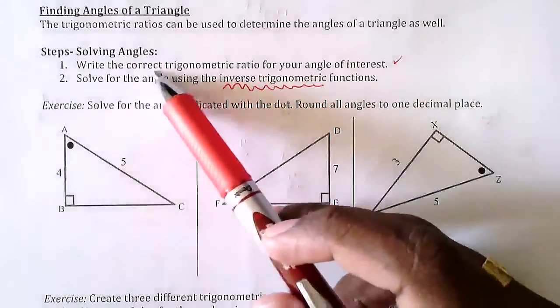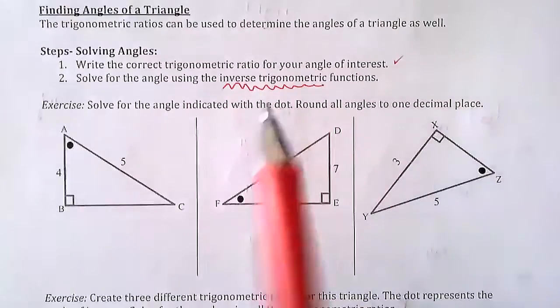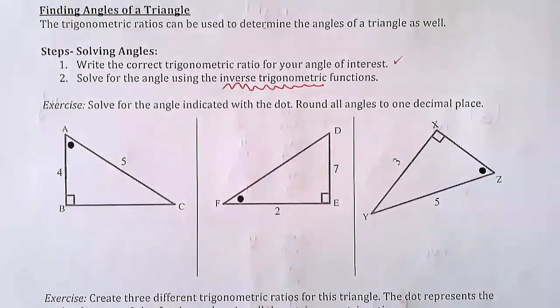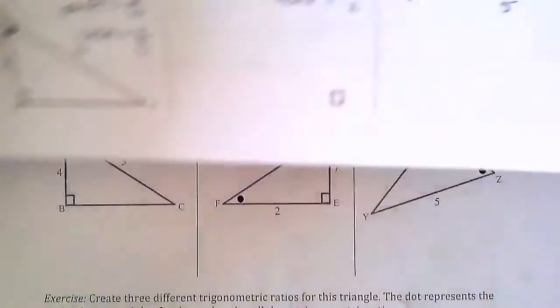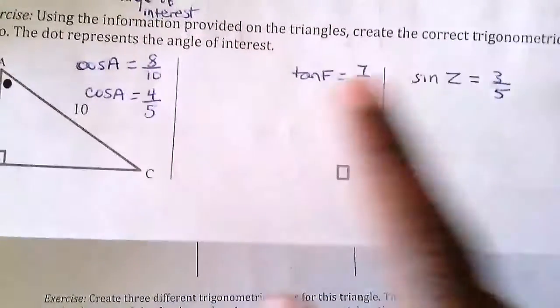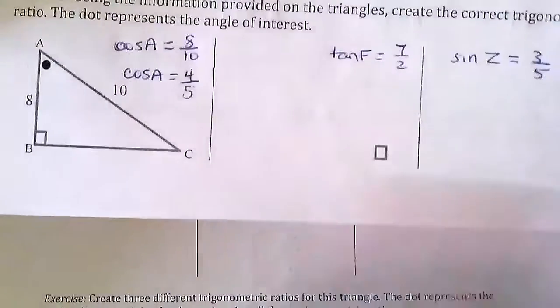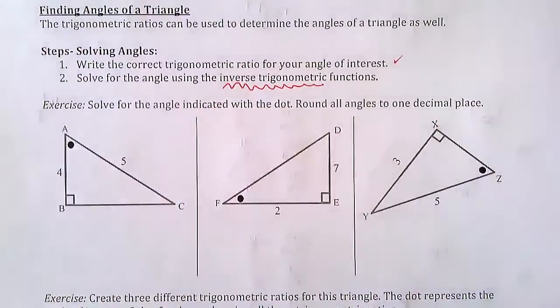So the first step is to write the correct trigonometric ratio for our angle of interest. We have loads of practice with this, and in fact, these are the same questions that we saw on the previous page. So if we take a look at the first page here, we've already solved, okay, I know my triangles are missing here, but these are the same triangles that we have. So I'm going to copy down the trigonometric ratios from our previous page.